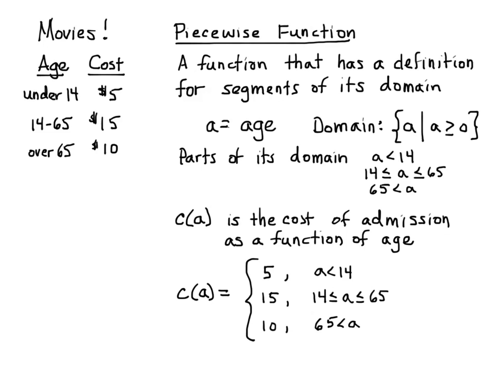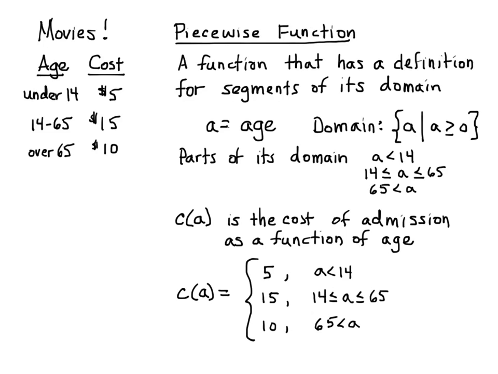Okay, so it looks kind of like a mess, but it's a very uniform, standard way to write a piecewise function. So with this movie thing, that's a pretty easy example of why we need piecewise functions. But the piecewise functions don't necessarily have to have a value here.